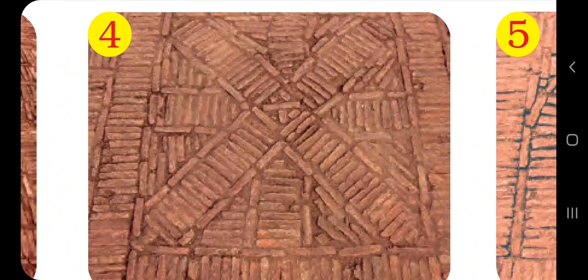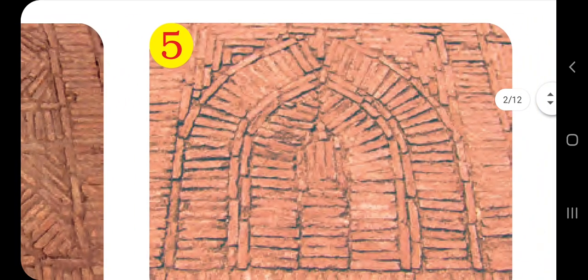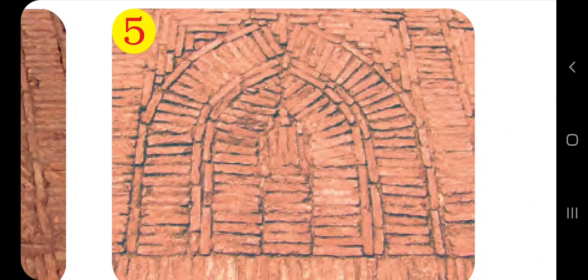Picture 4: we see also different types of shapes made of bricks. Here a shape like multiplication is being built. Now the pattern 5, this structure is also made of bricks, and it looks like a door, like an arc or curve-like structure. Here we see straight-line-type structure in the arrangement of bricks.